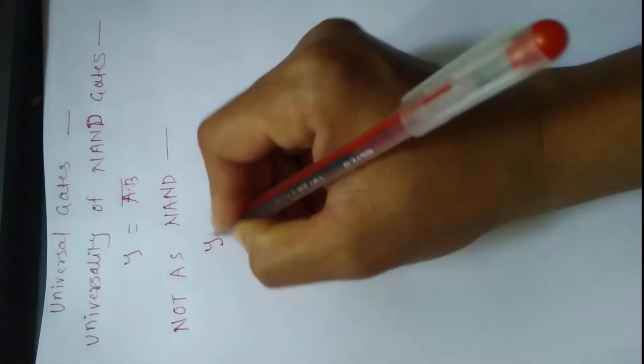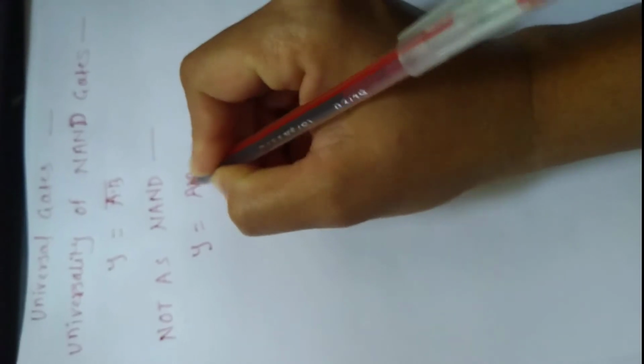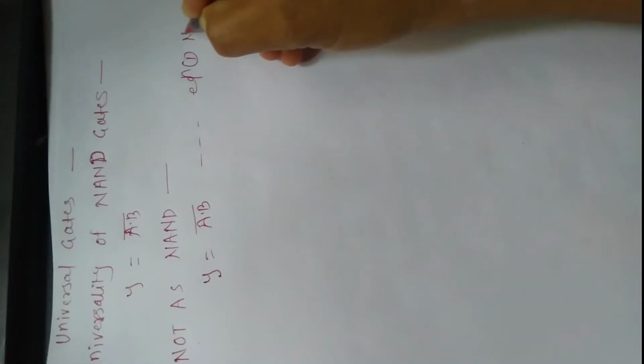First, y equals a into b bar, this is the equation of NAND gate.